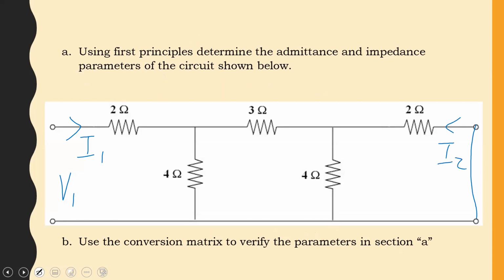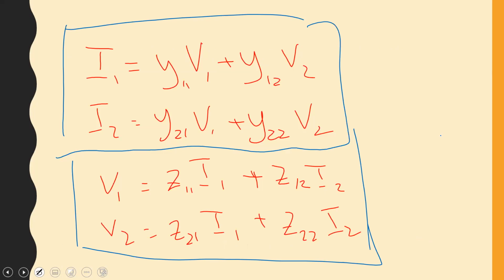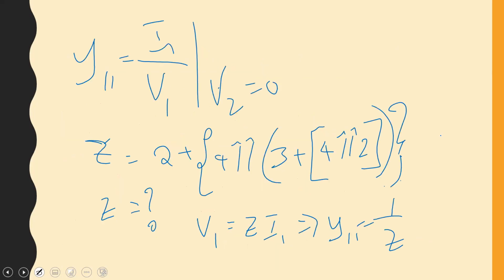Yes? So you're going to find the relationship between V1 and this current. Right? So you see, you would have had the resistance equation, right? What you're trying to find is the current through that resistor.